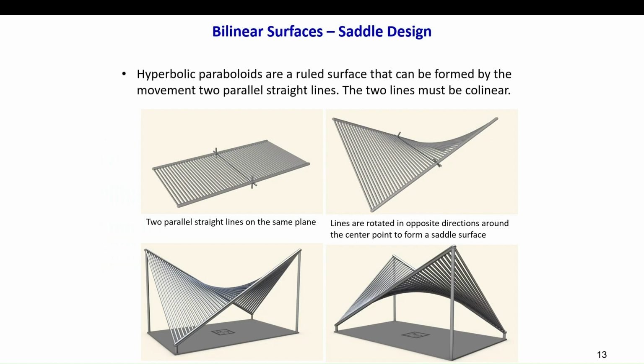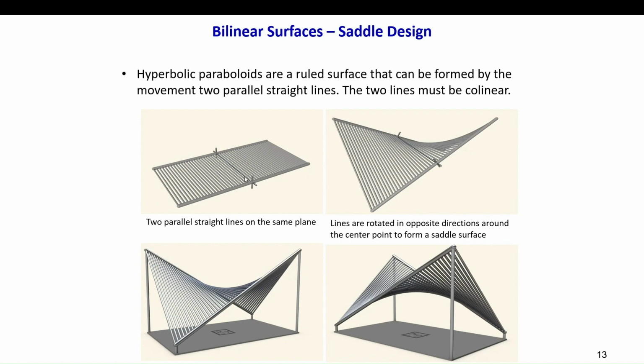To design a saddle, you can use a ruled surface approach that's formed by movement of 2 parallel straight lines, and the two lines must be collinear. So the four images below depict how this can be done. As you can see, you have a flat surface with two parallel lines that are collinear.